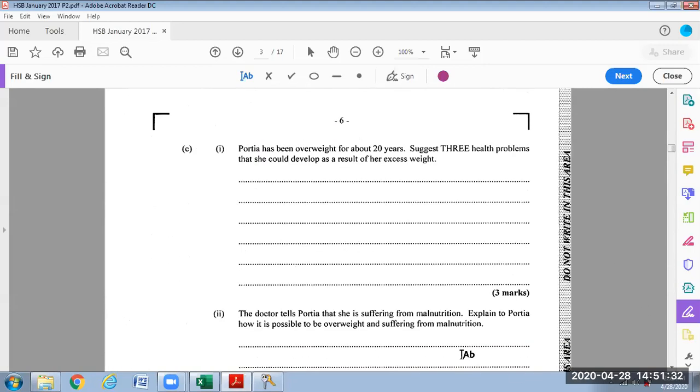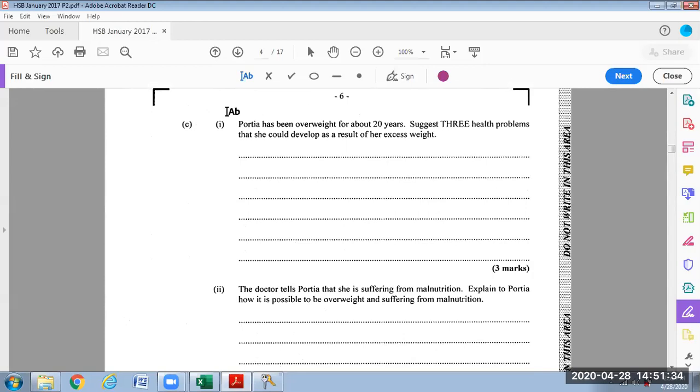Okay, so see part 1. Portia has been overweight for about 20 years. So just 3 health problems that she could develop as a result of her excess weight. What could happen? High blood pressure, heart disease, and stroke.